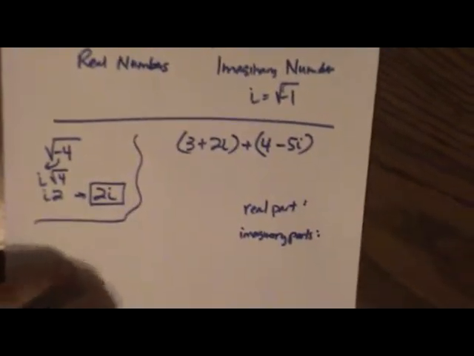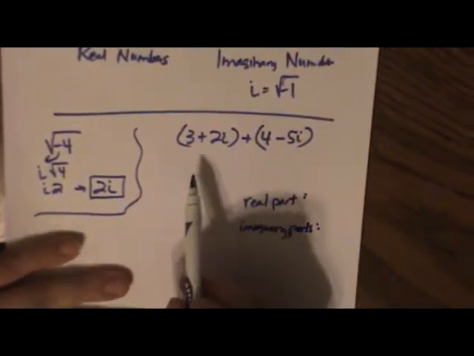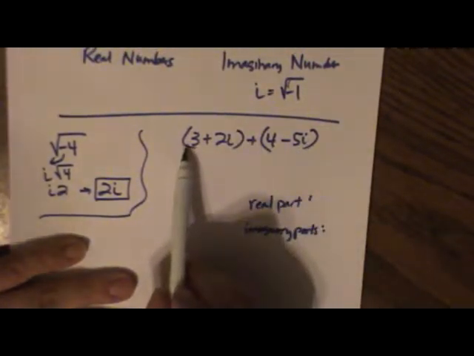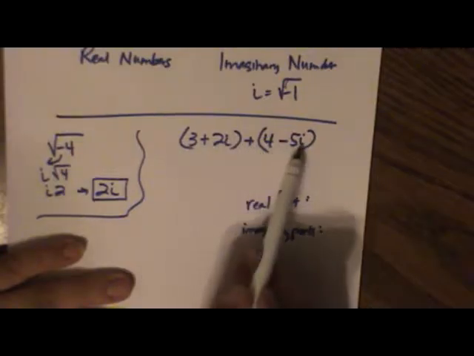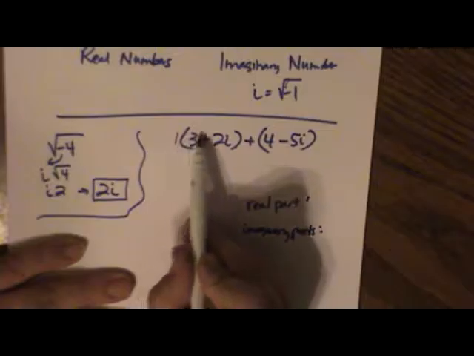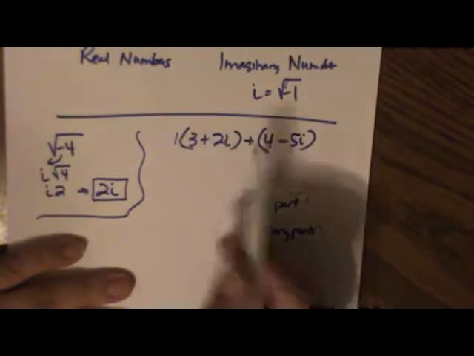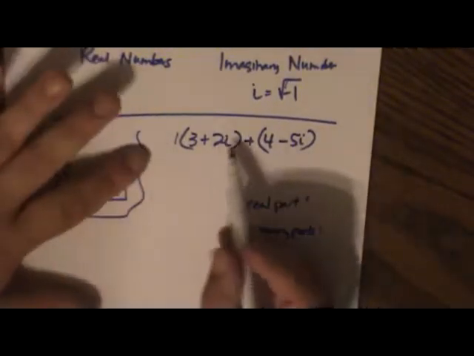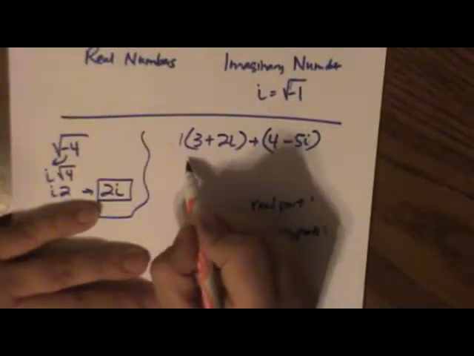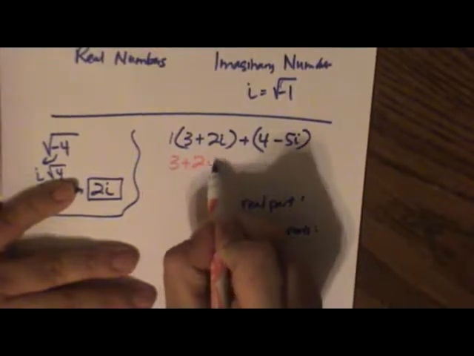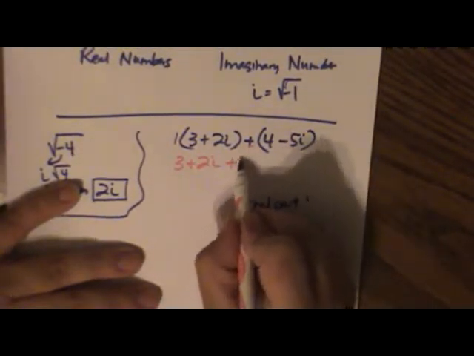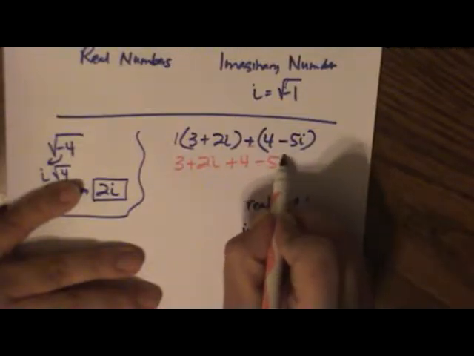So to do that, first we need to get these things out of the grouping. Anytime you see parentheses, you know you're going to distribute. There's a 1 in front, and anytime you have a positive one distributing, you can get rid of your parentheses. It's not going to change it. So what we have is 3 plus 2i, and this is positive as well, so we can drop our parentheses and have 4 minus 5i.